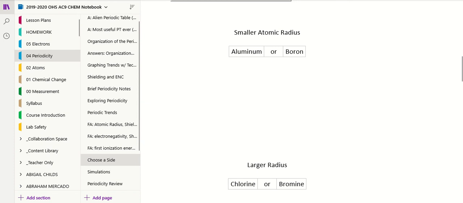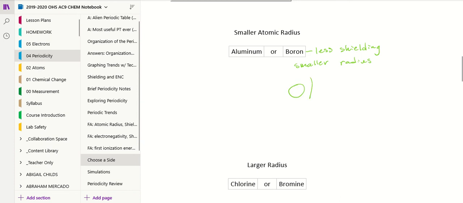So, aluminum, we have more shielding for aluminum. We have less shielding for boron because they are in different periods. So because boron has less shielding, it has a smaller radius. So again, we have our nucleus.